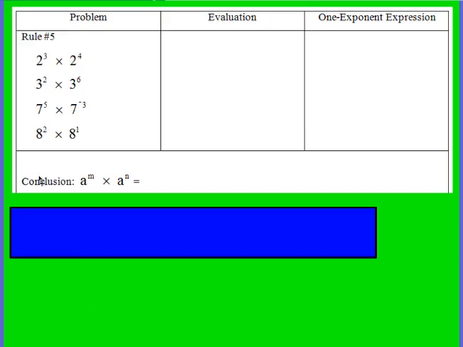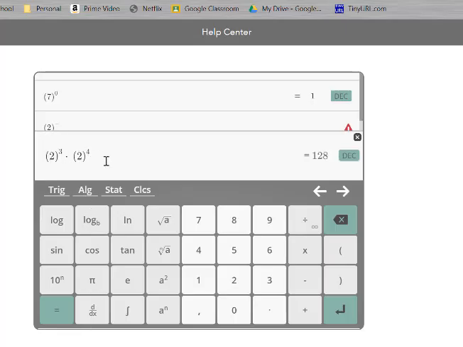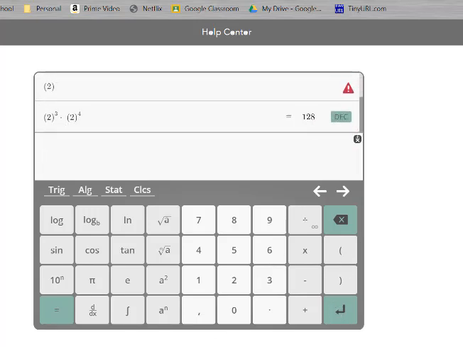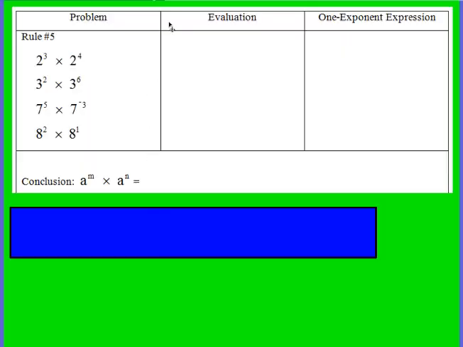If you look back here, you've got 2 to the 3rd power times 2 to the 4th power. This problem looks exactly the same. I hit enter and I get 128. Right? 128 with that. Let me go back here and write this down.